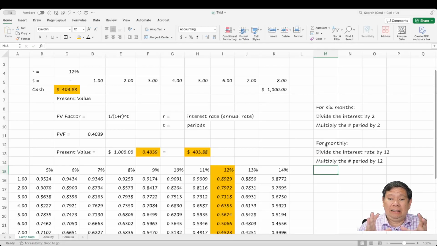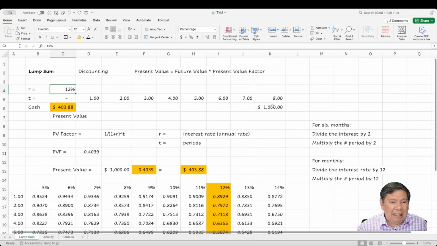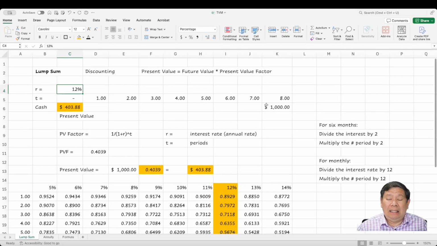That's the rule if it's not based on annual. But in general, when you see an interest rate like 12%, 8%, or 5%, that's based on an annual interest rate. So that's how we calculate the lump sum discounting, lump sum present value.